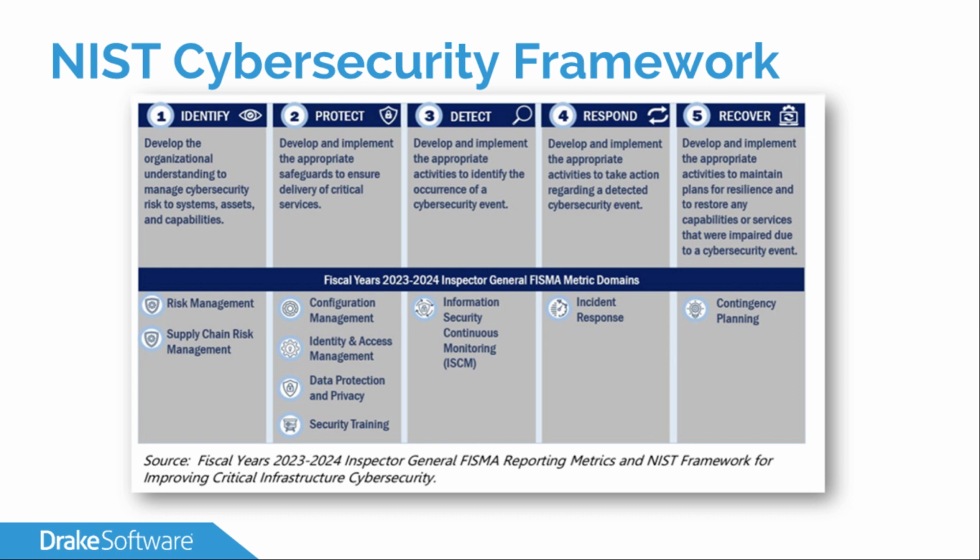Second is protect. This area in and of itself is like the vast majority of what cybersecurity folks do day in and day out. If they're in your SecOps group or your security event management group and the like, which is employing the technical safeguards that matter most for protecting critical services.